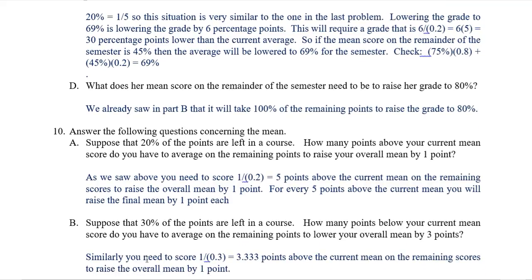Now, you would need to score 1 divided by 0.3, or 3 1/3 points above the current mean to raise it by 1 point, or actually it asks about lowering, so I'll change the answer to answer the question. So you need to make that much below to lower the overall mean by 1 point.